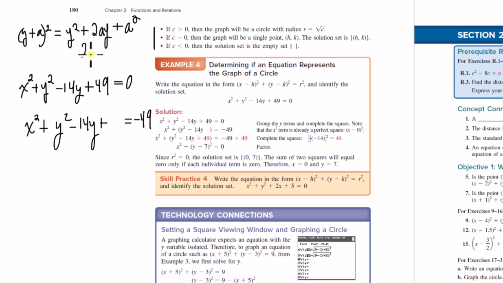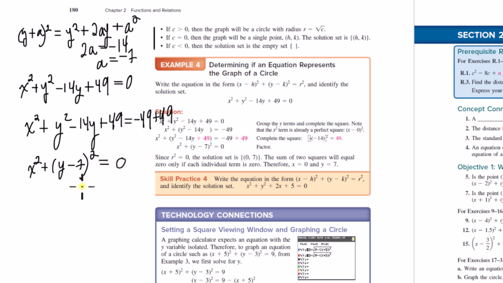So in this case, 2a is equal to minus 14, so a is equal to minus 7. Minus 7 squared is 49, so let's add 49 here and add 49 here. So we have a perfect square trinomial here. So you have x squared plus, and then y and a is minus 7, y minus 7 squared, minus 49 plus 49 is 0.